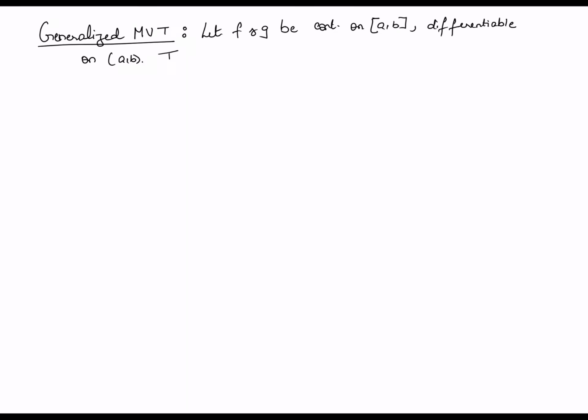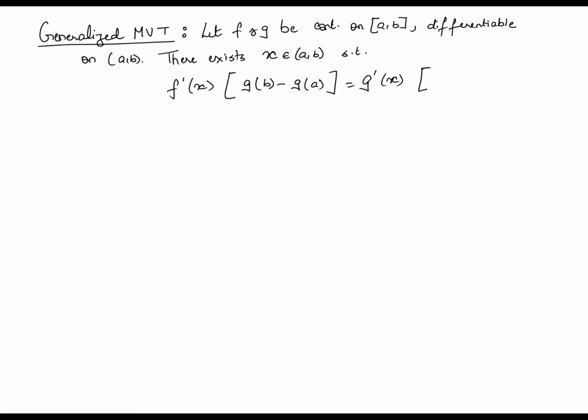Okay, then there exists an x between a and b such that the following condition is satisfied: f prime x times g of b minus g of a equals g prime x times f of b minus f of a.